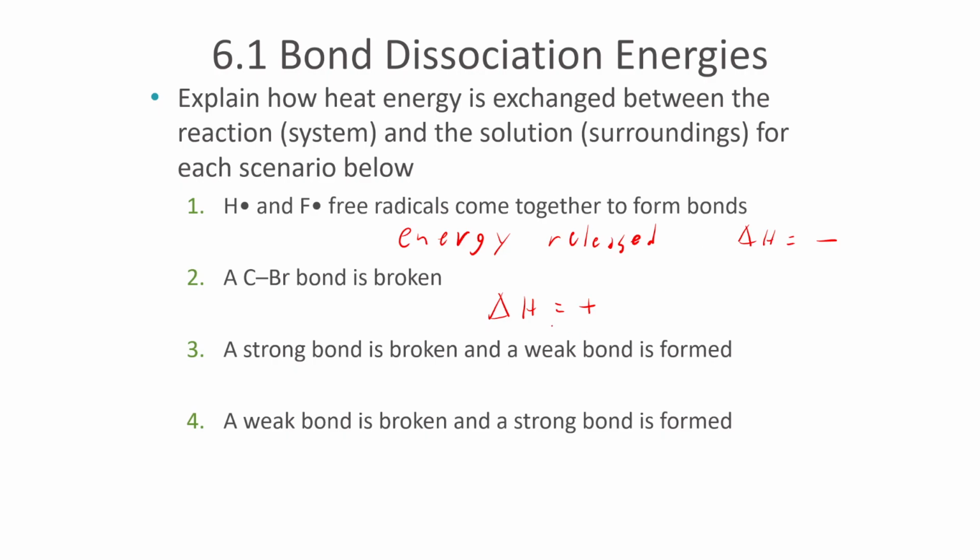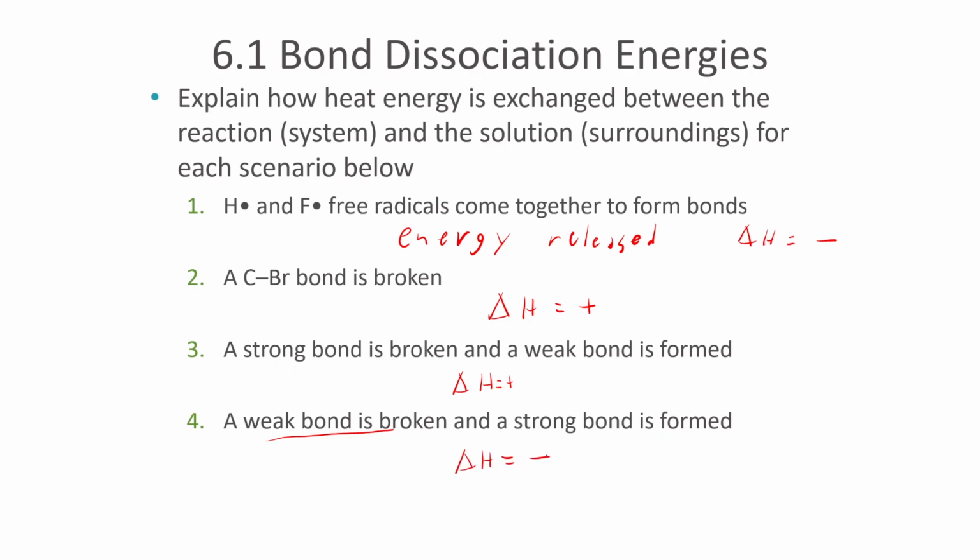Now often you have more than one bond breaking and more than one bond being made in a reaction. So if you have to break a strong bond, that takes a lot of energy. And then if a weak bond is formed, you don't get very much back. And so that's going to cost you energy overall. So the delta H in a situation like this would be positive. You'd have to put energy in. If you only have to break a weak bond, but you're forming a strong bond, you're going to get energy out.